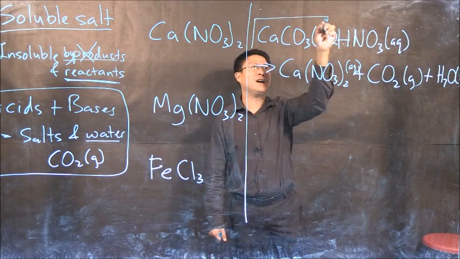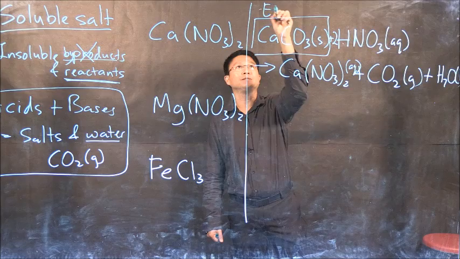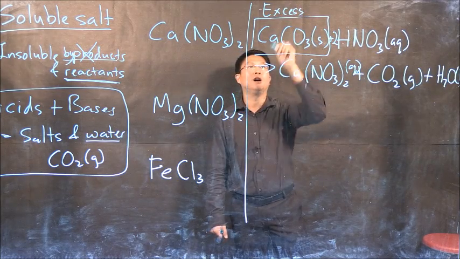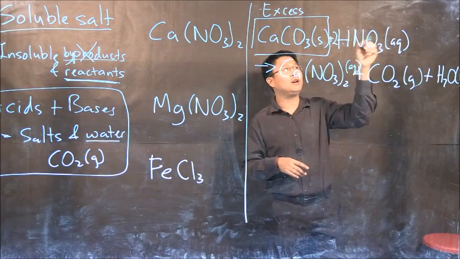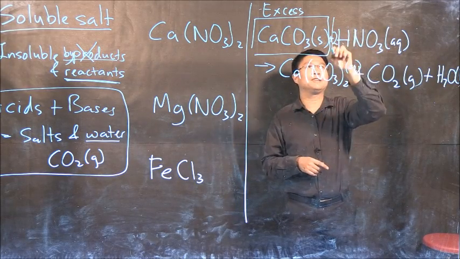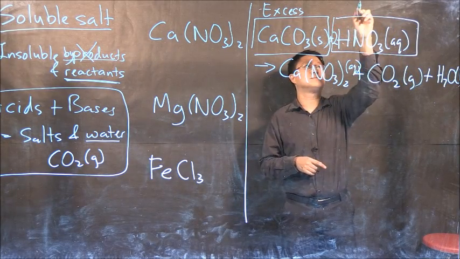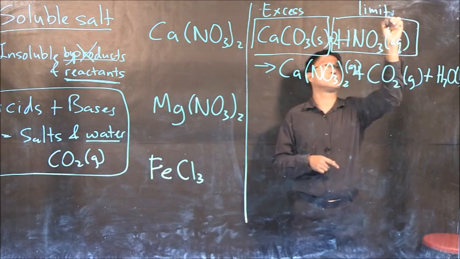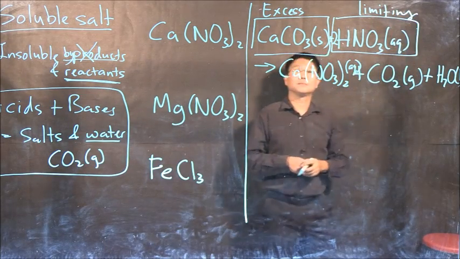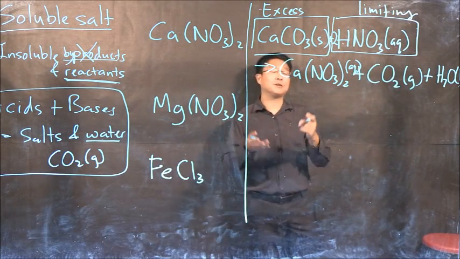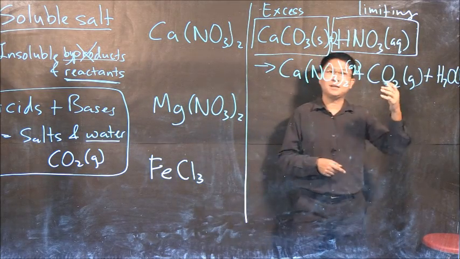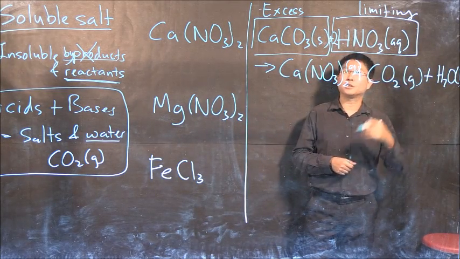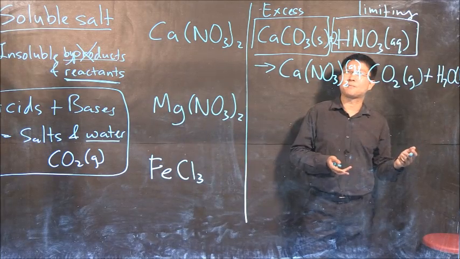So we should have excess calcium carbonate to make sure that all of the nitric acid has reacted, thus producing calcium nitrate, which is our product that we want, carbon dioxide which goes into the air, and water which can be evaporated.